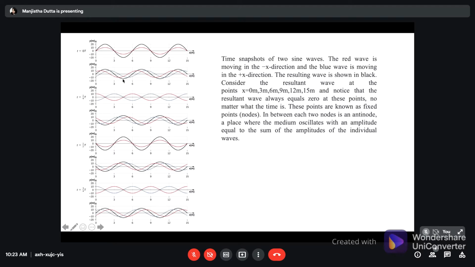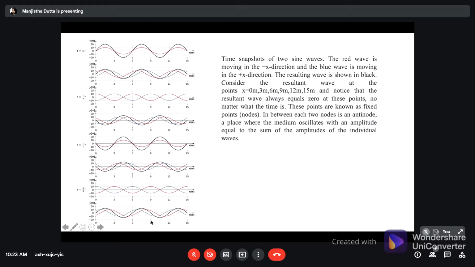If you note the black lines for each graph over here, you can see for some positions it is marked in your graph: this is x equal to 3, this is x equal to 6, this is x equal to 9, in the x direction.